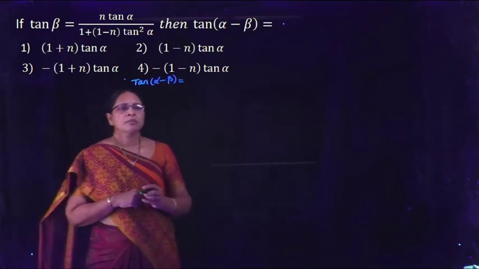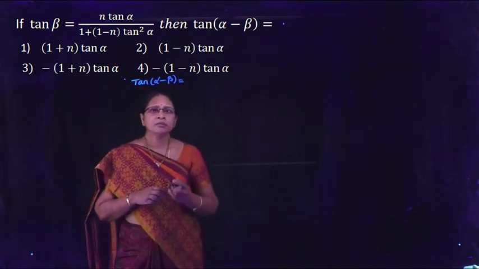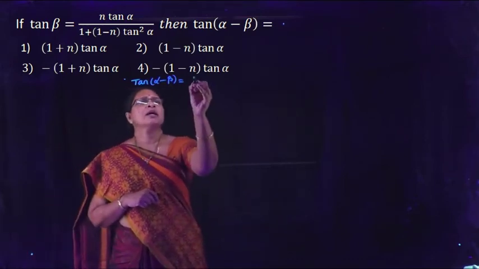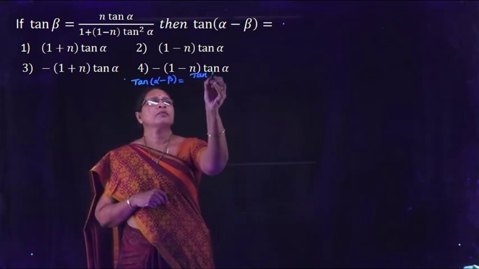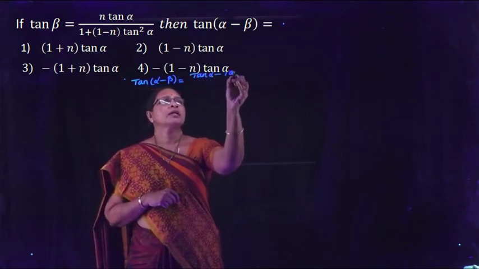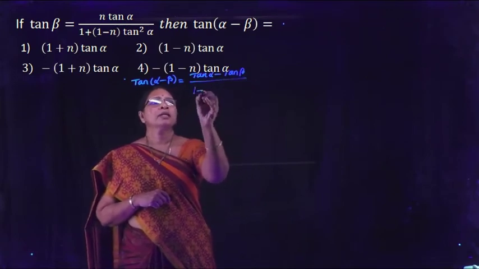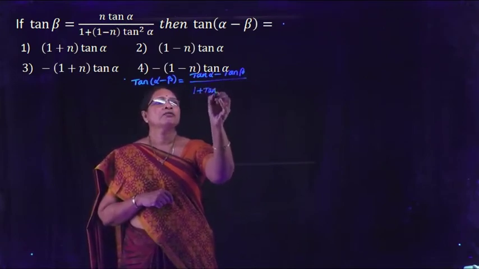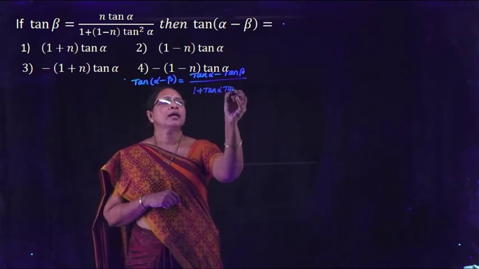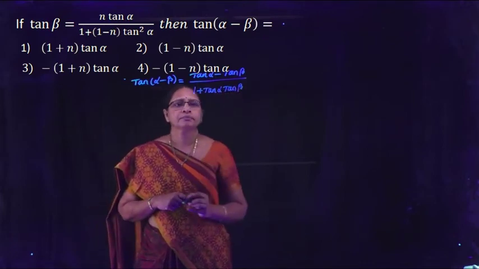According to the formula tan(A − B), we can expand it like this: (tan α − tan β) / (1 + tan α tan β).